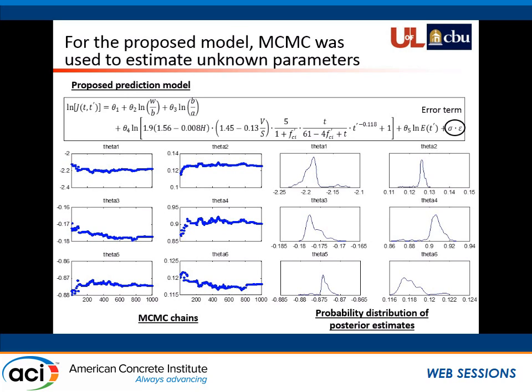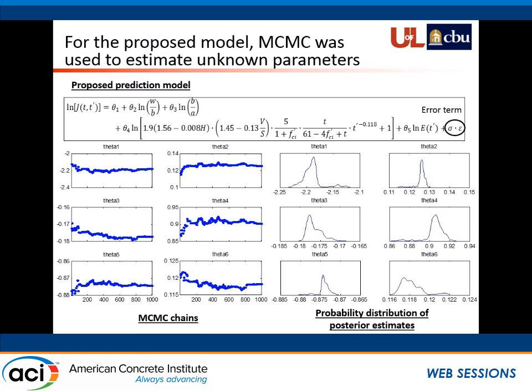We ran the analysis using the Markov chain Monte Carlo simulation. Basically, it starts with a certain initial point, and then the algorithm finds the optimum set of parameters, theta 1 through theta 5, including the sigma. The analysis is terminated when it satisfies the convergence criteria.